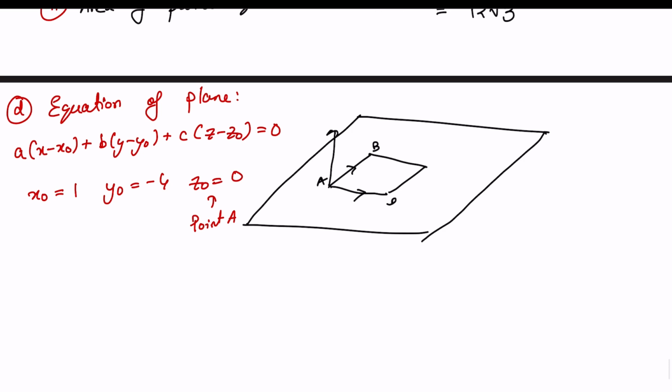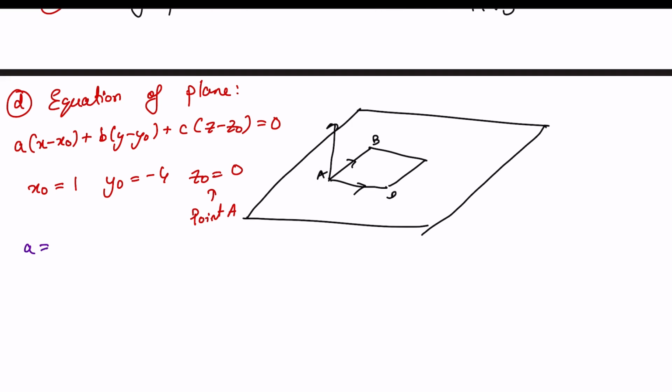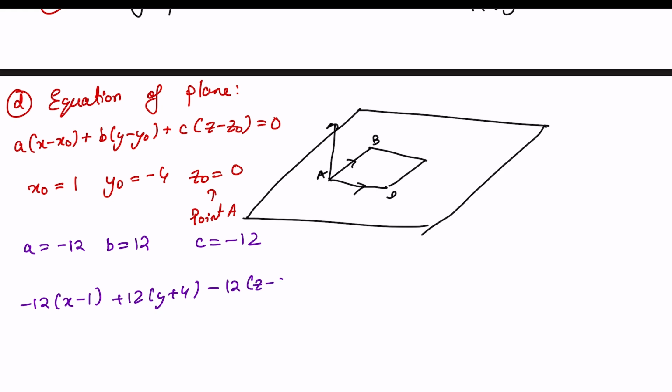And the perpendicular vector is AB cross AD, where a is minus 12, b is 12, c is minus 12 again. So minus 12 times (x minus 1), plus 12 times (y plus 4), minus 12 times (z minus 0) equals 0.